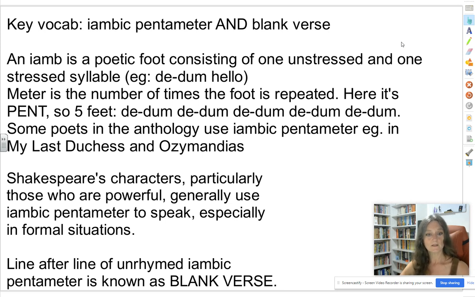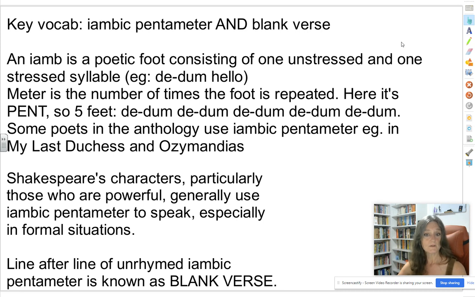Some poets in the anthology use iambic pentameter, and the two that came to the top of my mind are My Last Duchess and Ozymandias. So if you think, I met a traveller from an antique land, or There's my last Duchess painted on the wall.